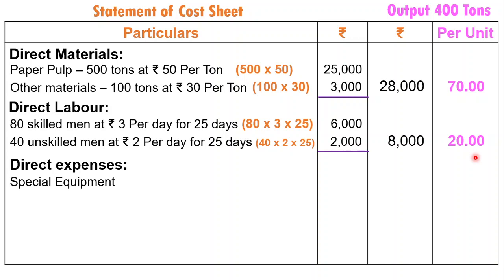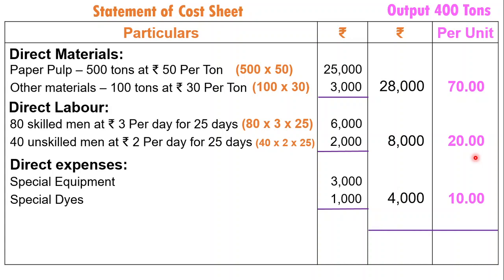One is special equipment, given as 3,000 rupees, and special dies, given as 1,000 rupees. Directly these two can be totaled. 4,000 rupees is the outer column amount, the total direct expenses for 400 tons. To arrive at the per unit or per ton value, 4,000 divided by 400 tons is 10 rupees per unit or ton.